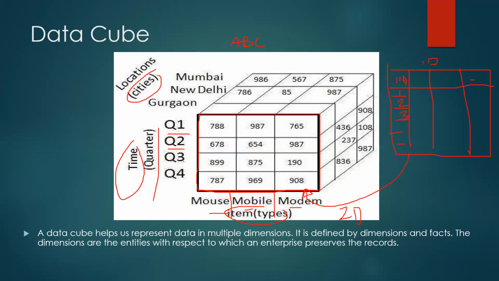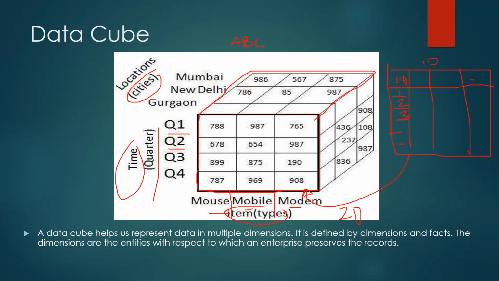So this is the two-dimensional data of ABC company with respect to time and item, if you just focus on the highlighted part. Now, if you want to include one third dimension here, which talks about locations as well, in actual this data is three-dimensional, right?